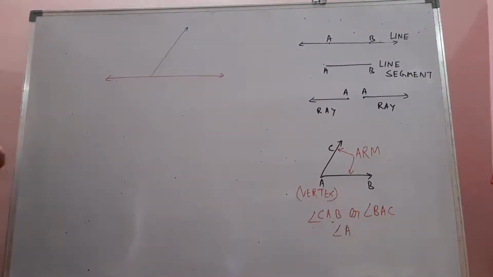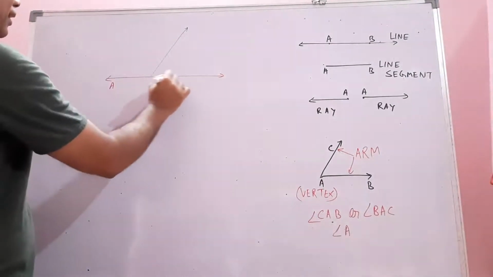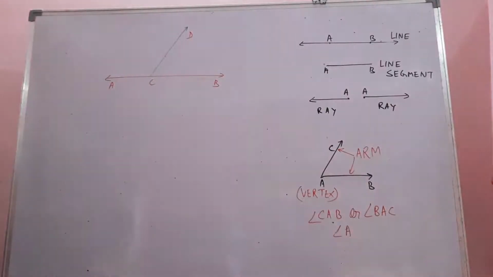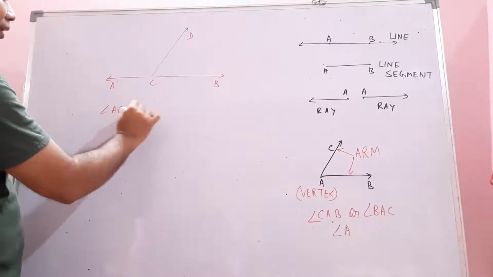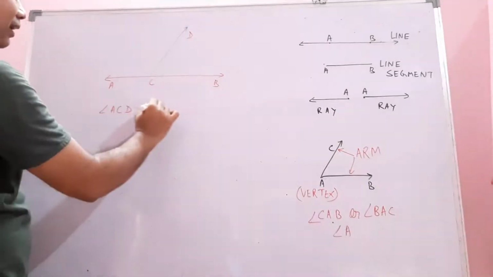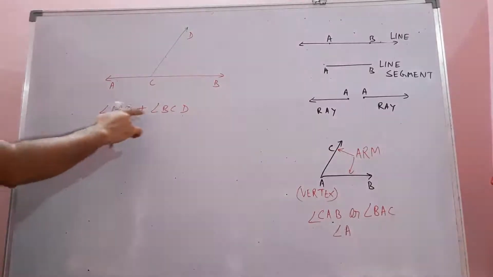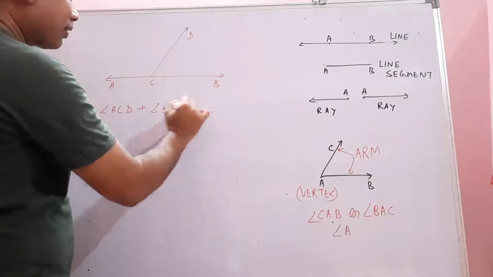So what are the names of these two adjacent angles? One is angle ACD, one is angle BCD. Common letter CD, common vertex C, common arm CD here. If I add these two adjacent angles, what will be my answer?